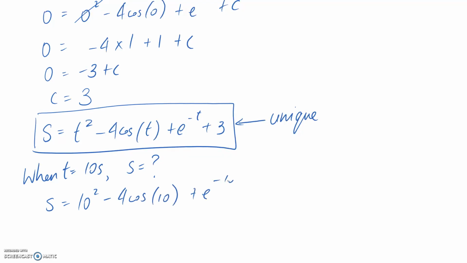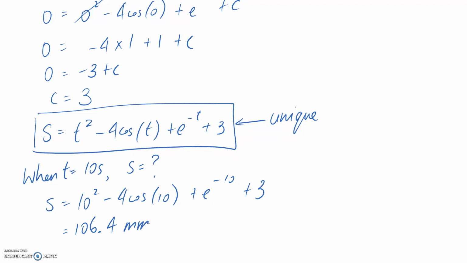it should just be a matter of popping this into the calculator, noting that your calculator should be set into radians mode so that when it does cos of 10, it's assuming 10 is in radians. That's because radians are the natural unit for angles, not degrees. When you pop all of this in, the answer you come out with is 106.4.